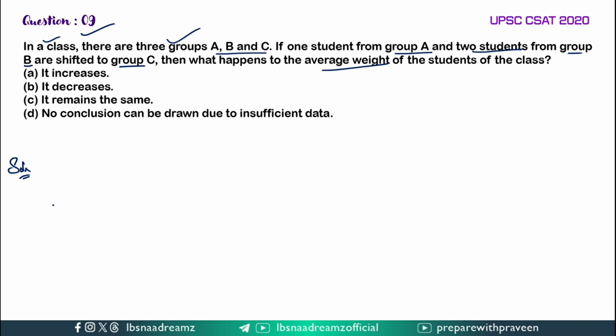See, let us take group A, group B and group C. Let us take there are 5 students in all the 3 groups. In group C also there are 5 students.